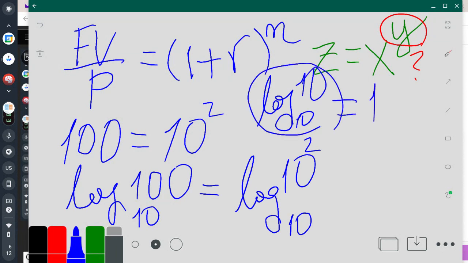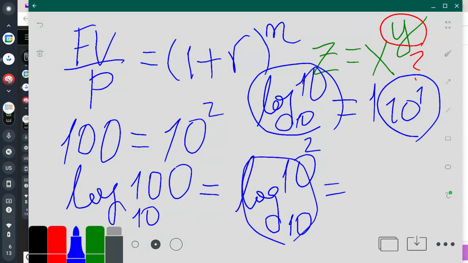It's itself, which means 10 to the power of 1. So log of 10 squared to base 10: this thing is 1, but if this is 1, the whole thing should be 2.